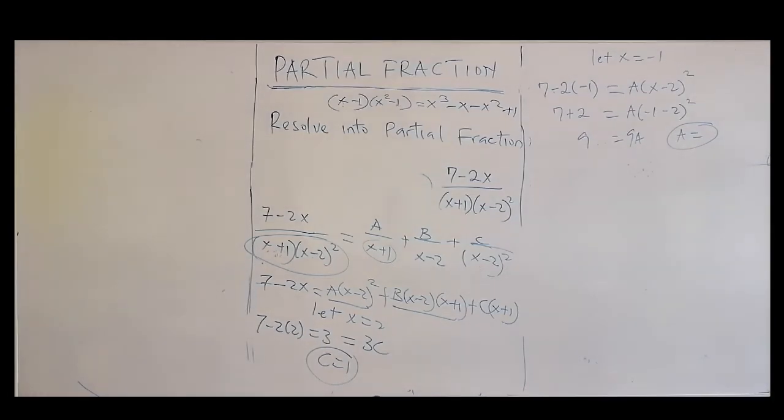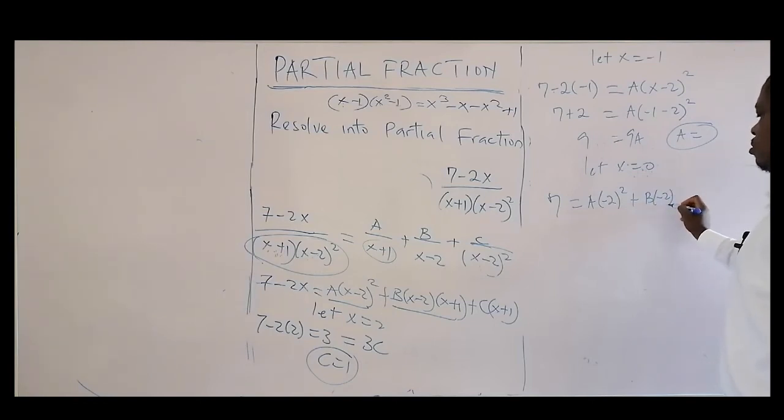Then what can we use again? We can pick x equal to 0 and get the value. Let x equal to 0. Then we have 7 equal to a into brackets minus 2 squared plus b into bracket minus 2, and 1 plus c.